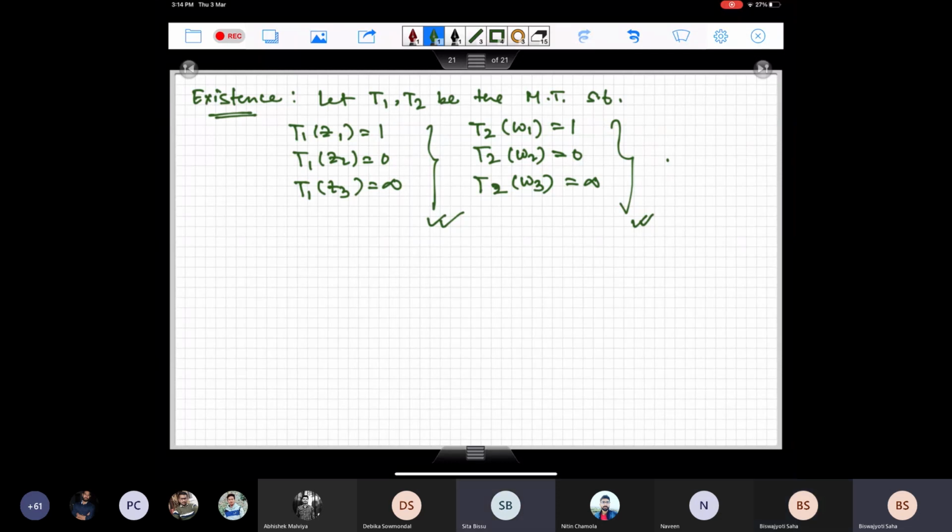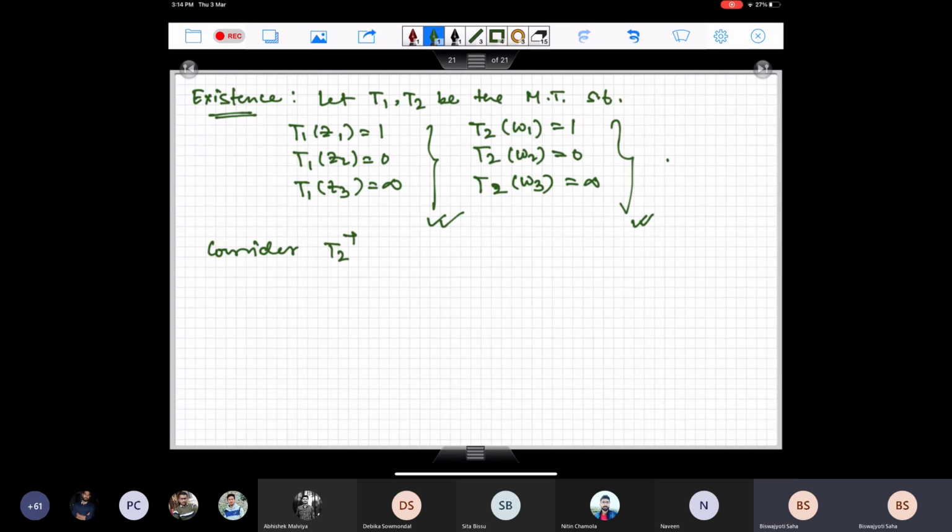Yes, sir. Now, what is my aim? My aim is to get a Mobius transformation which sends Zi to Wi. So, what should I do? Just imagine. T2 inverse composed with T1. Very good. So, consider T2 inverse.